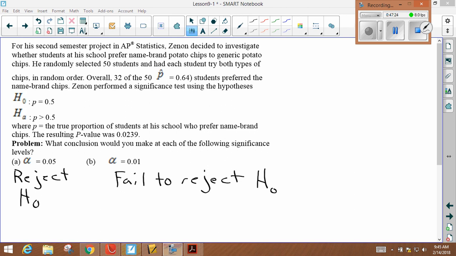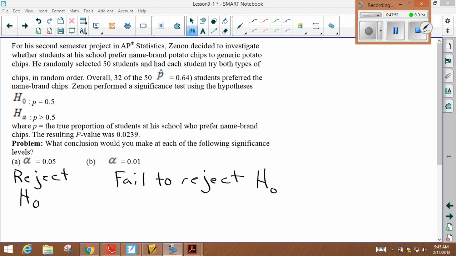Or rather, we should say that there's convincing evidence that that's true. We can't make any sort of definitive claim like I just did, so I made a mistake. You can't say kids prefer potato chips. You have to say there's convincing evidence that the kids prefer name brand potato chips. So at least you got to see what a mistake looks like. You don't want to do that. You want to say there's evidence for that, right?